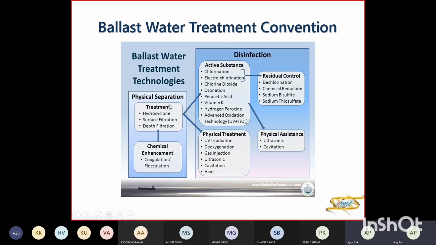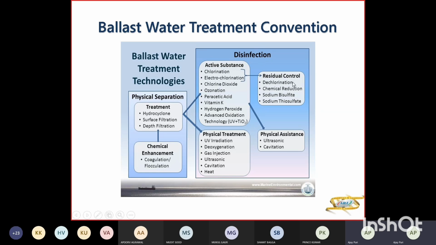So the various treatment technologies are physical separation, hydrocyclone, where you have spinners. So that is hydrocyclone. Surface filtration, depth filtration, chemical treatment will be coagulation. Coagulation means putting a chemical so that they stick together. Flocculation, again removing the microbes. Disinfecting is putting chlorine or electrochlorination.